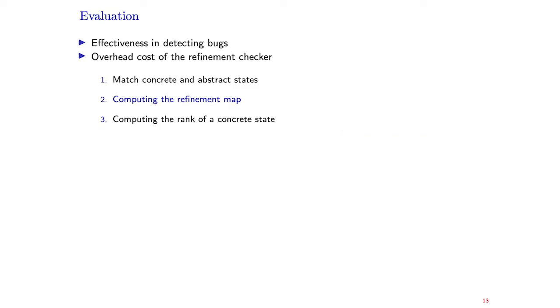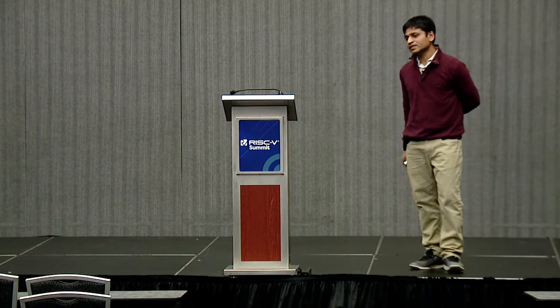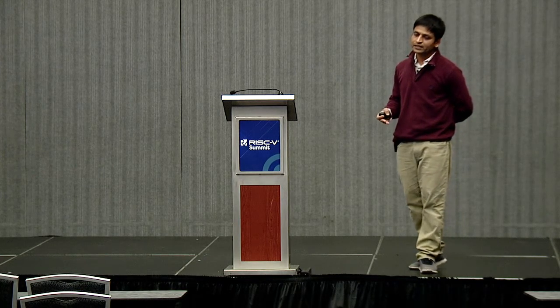And the one in the middle is the refinement map. The way to think of a refinement map is it tells you what is the observable aspect of the whole design. So I might have multiple pipeline registers, but in an ISA, in a microprocessor, what is observable is the architectural state.